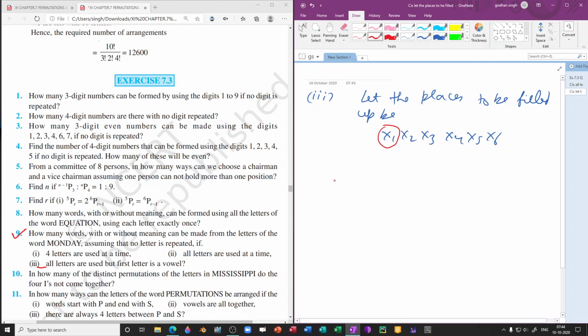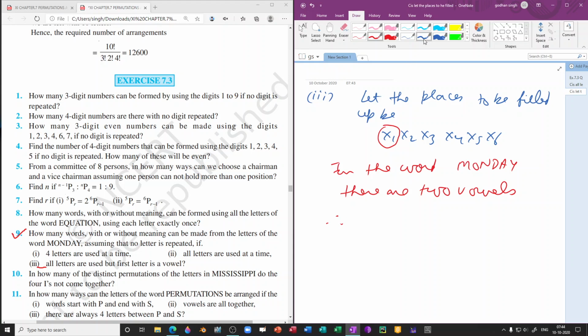So in the word Monday, there are two vowels, that is A and O. So there are two vowels.